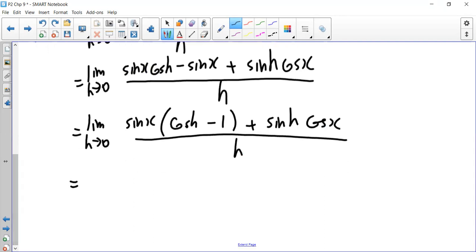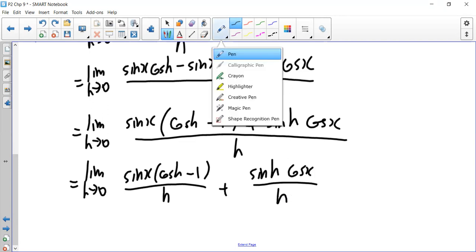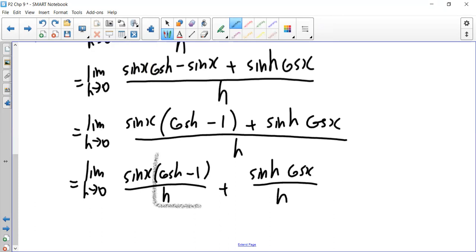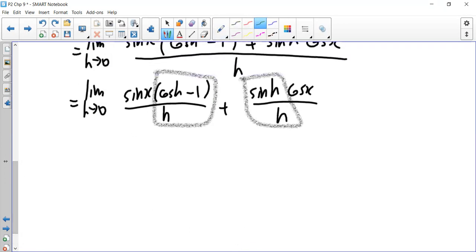Next, I'm going to split the fraction. So sine x times cos h minus 1 over h, plus sine h cos x over h. Now, that's my cos h minus 1 over h, and that's my sine h over h. From the question, I was told this equals 0, and this equals 1. So that's what I was told from the question.